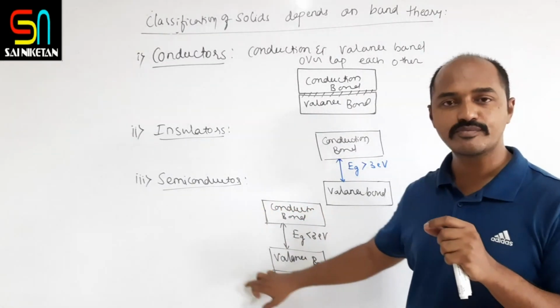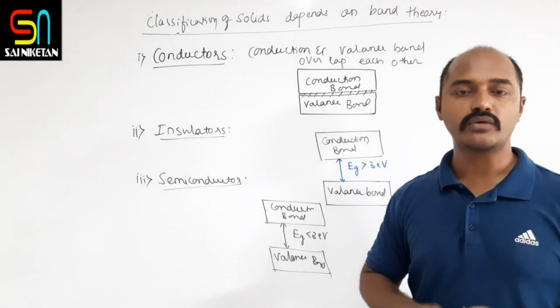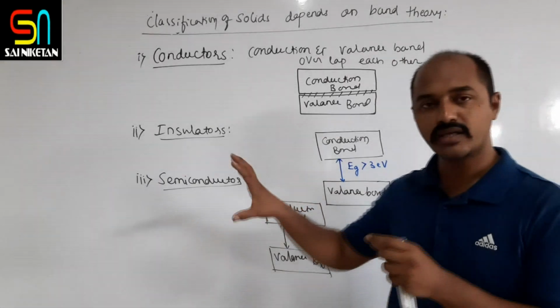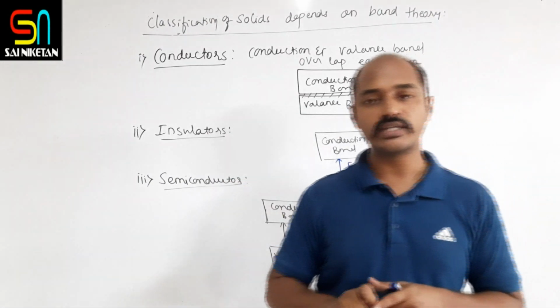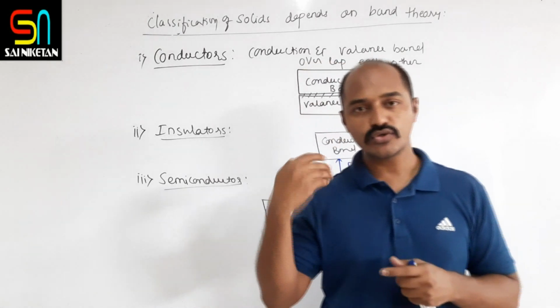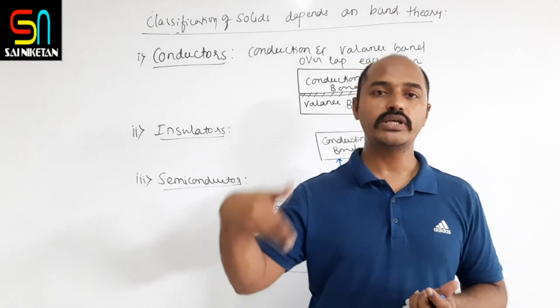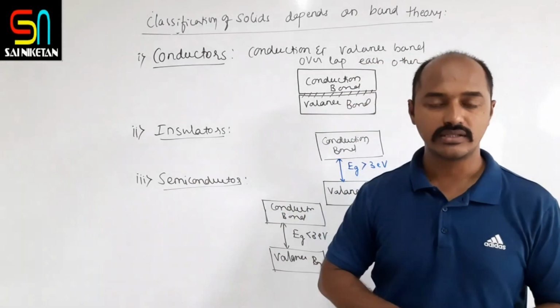A semiconductor can easily be converted into a conductor when energy is given. When the semiconductor is kept at room temperature, the electrons absorb heat energy, thermal energy, and start jumping from the valence band to the conduction band. Hence the semiconductor becomes a conductor.